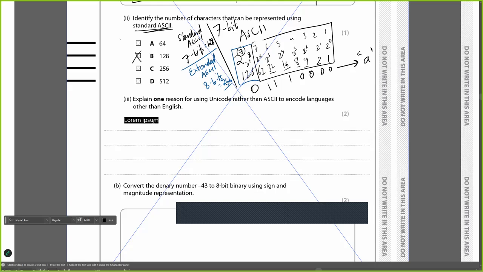So this is how we can say it. There are multiple ways you can phrase your sentence, but you got to try and get the main idea here.